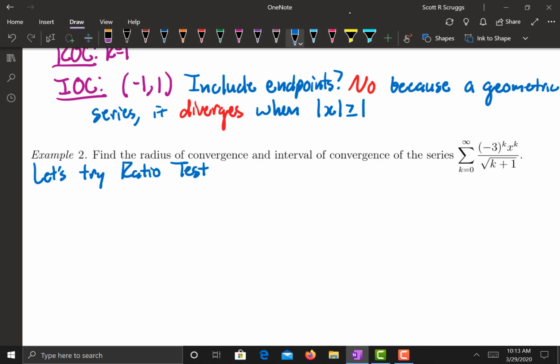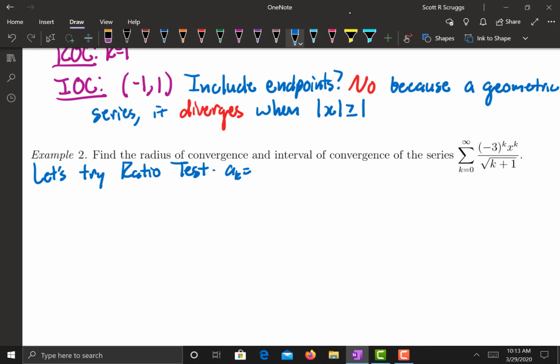But just note that you can also use the root test here. Keep in mind that for these examples, I can choose which of the two tests I want to use. So let's go and do the test here.